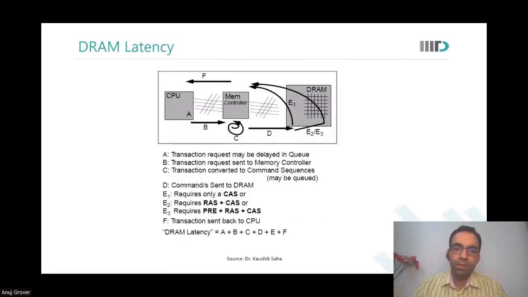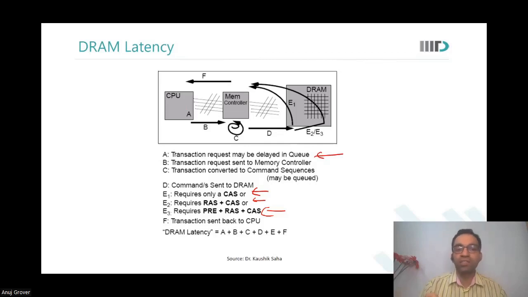Okay. So in terms of latency, how much time it actually takes from the CPU to this, you will see that depending on what operation we are talking about, whether only CAS, column address strobe, is required, or row address strobe and column address strobe both are required, or you need to access two different rows, therefore precharge is also required. Based on that, E1, E2 or E3 will be used, but in reality, there will be lots of delays.